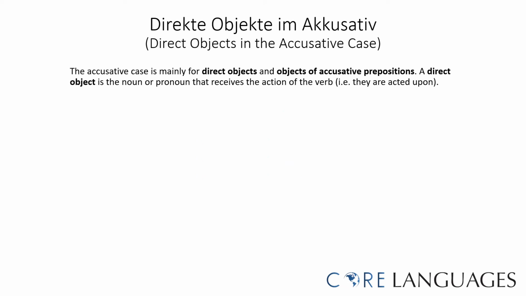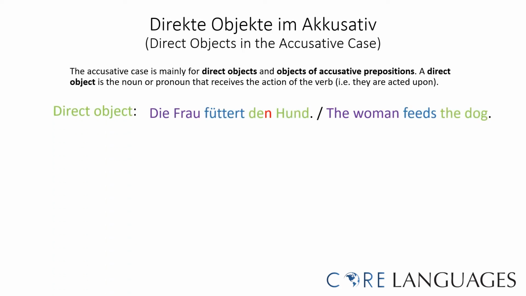The accusative case is mainly used for direct objects and objects of accusative prepositions. A direct object is the noun or pronoun in the sentence that receives the action of the verb. In other words, they are acted upon. For example, die Frau füttert den Hund.